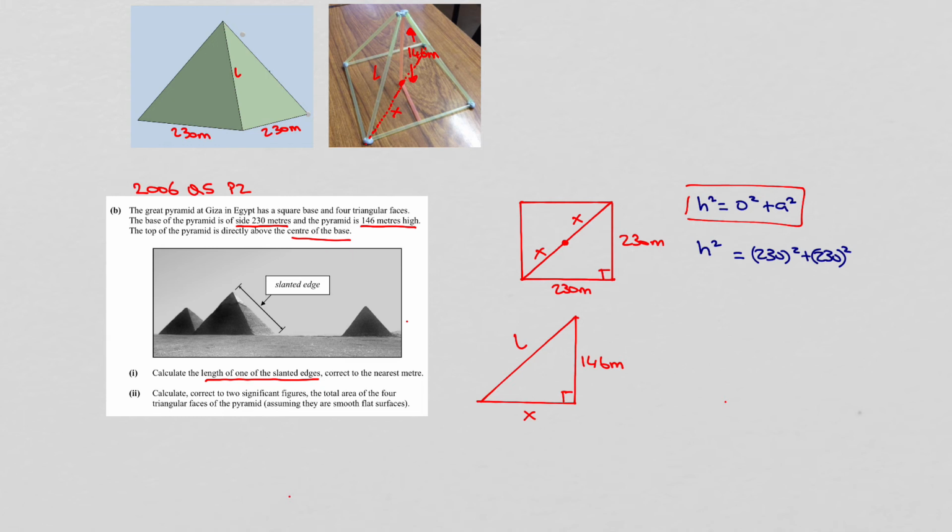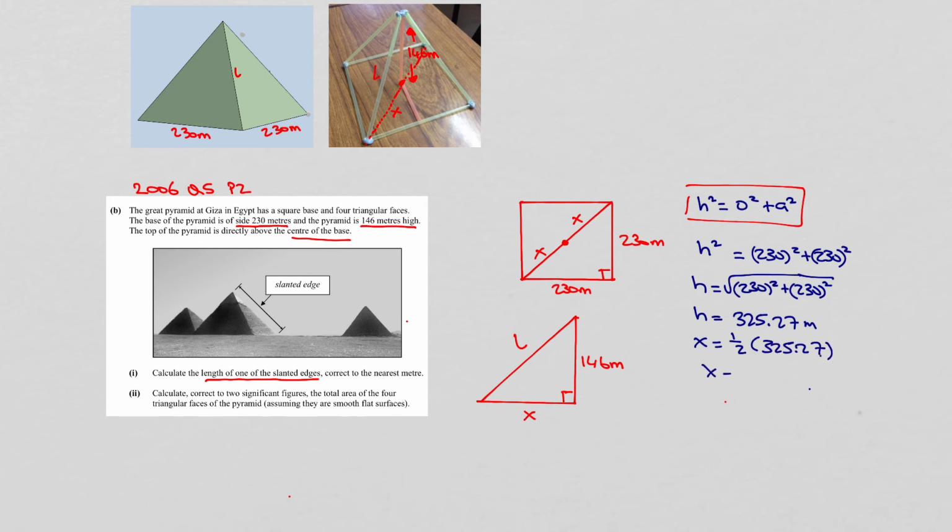I'll just keep that as the hypotenuse squared because I'm going to half the answer then to get the length. So h is equal to the square root of 230 squared plus 230 squared, and therefore h is going to equal 325.27 meters. And then if I divide that by 2, x is going to equal half that distance.